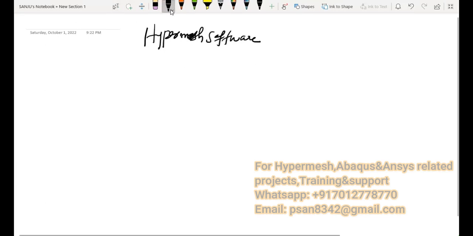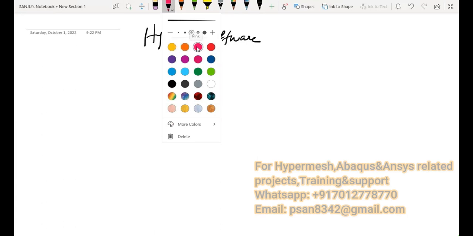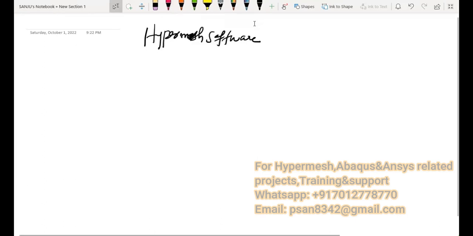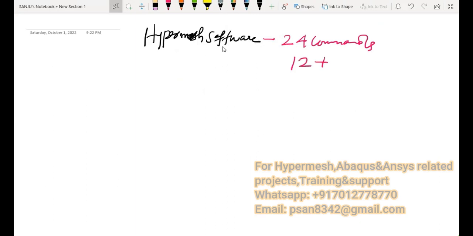One thing I want to say here: the Hypermesh software has 24 commands, which we can categorize into two groups, 12 plus 12.